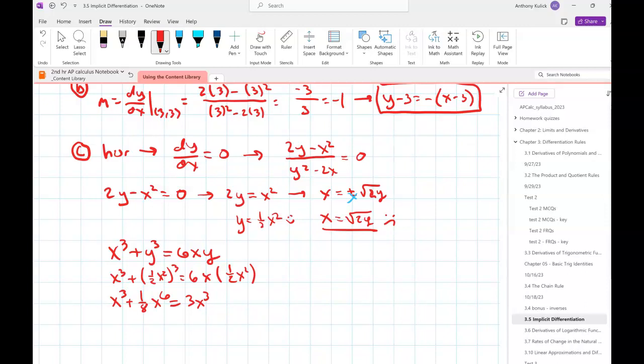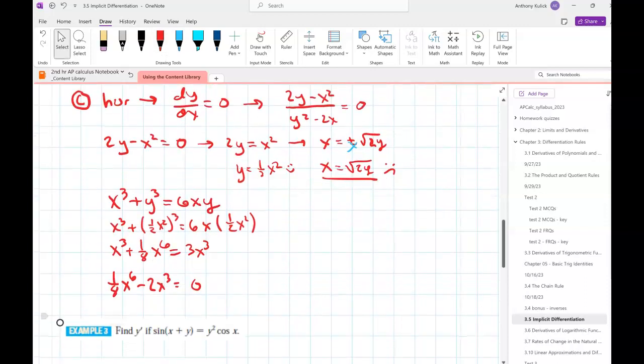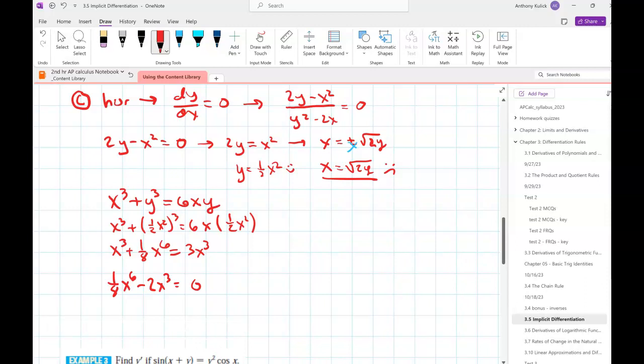So if I move this all into the same side, and now I can factor out an x cubed.